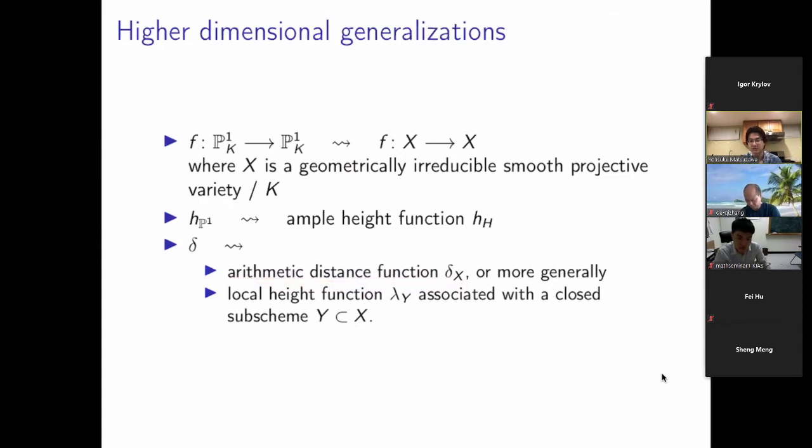This is also introduced by Yohsuke. But we can also talk about a local height function associated with a closed subscheme Y. I will be explaining what the local height function associated with Y is in the next slide.